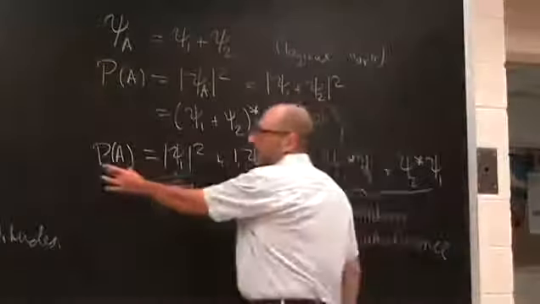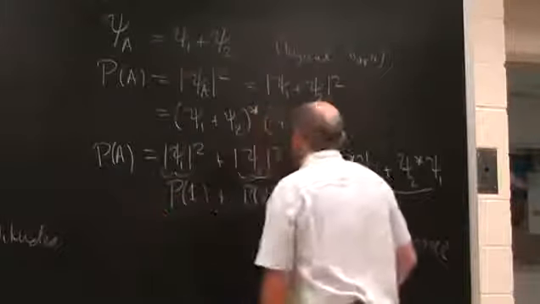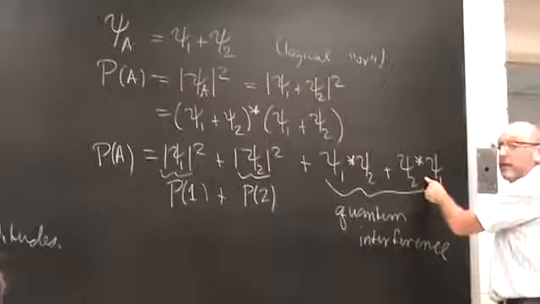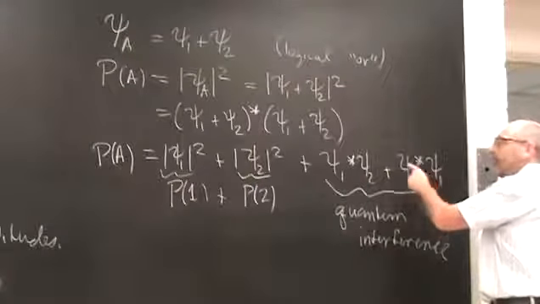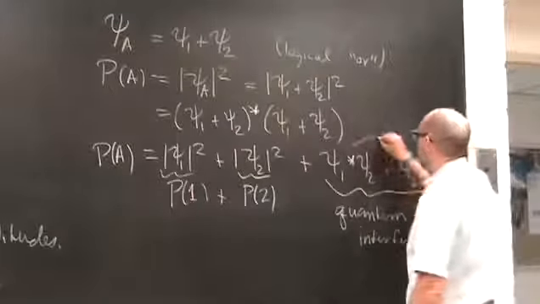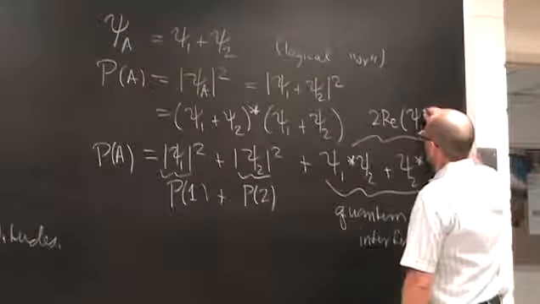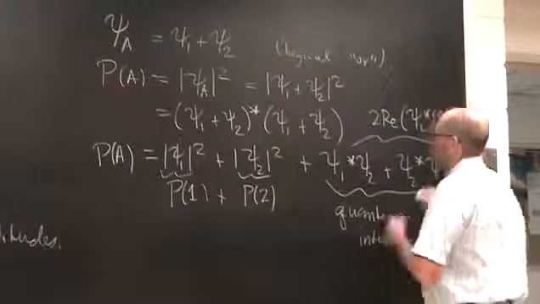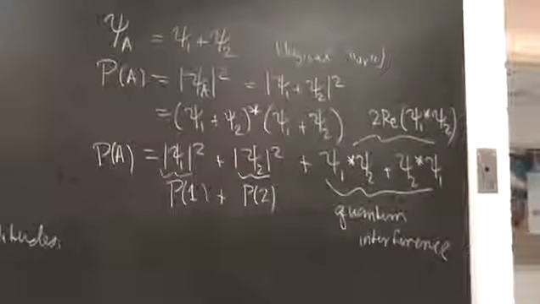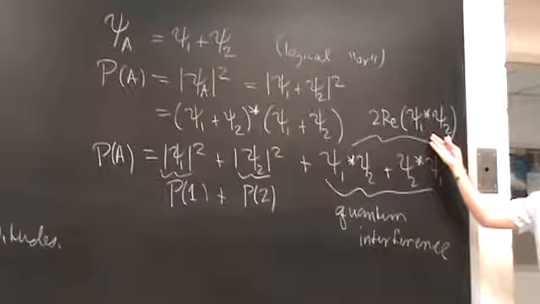Probabilities are real numbers. They are between 0 and 1. Each one of these numbers is complex, generally, but this is the complex conjugate of this. And a number plus its complex conjugate is equal to twice the real part of that number. So this is a real number. But that real number can be positive or it can be negative.